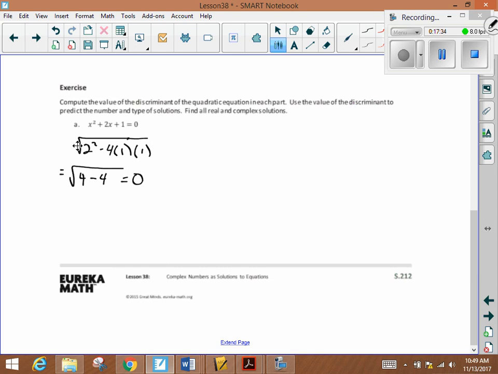Let's go ahead and see if that's true. So x equals negative b plus or minus the square root of 0, or we could just say 0. We've already calculated this, so let's just use the result and not waste time. And 2 times 1 is 2. So then we have negative 2 over 2, and the other part's 0.